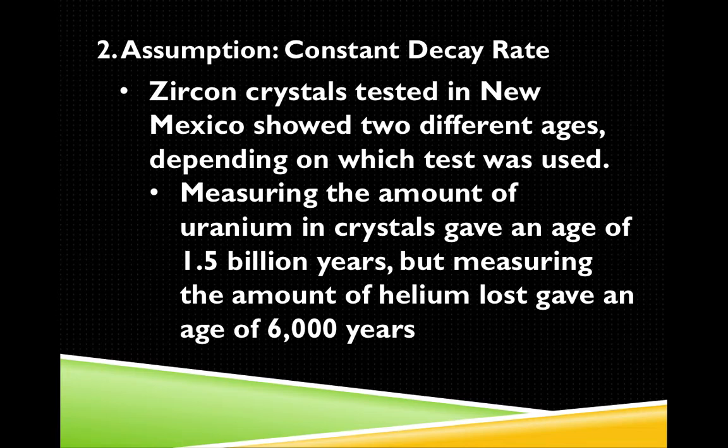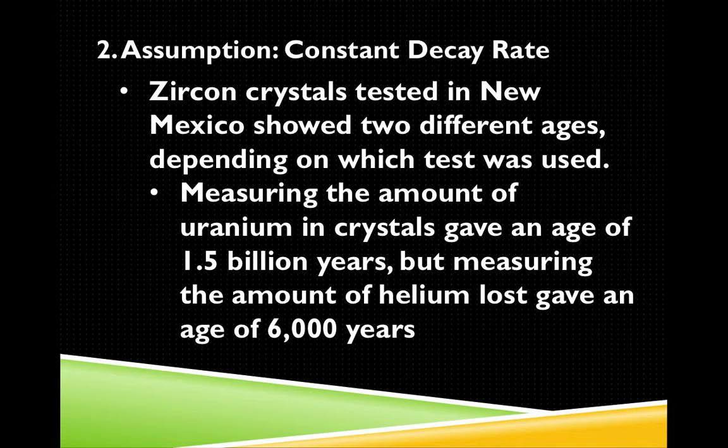And so sometimes, even though we can't explain it, we have to look at the evidence and follow it where it leads us. So there's quite a few scientists, especially creation scientists, who believe that radioactive decay happened much more quickly in the past for some reason. But again, I can't explain myself why that would be. I would have to have a degree in nuclear physics in order to do that.